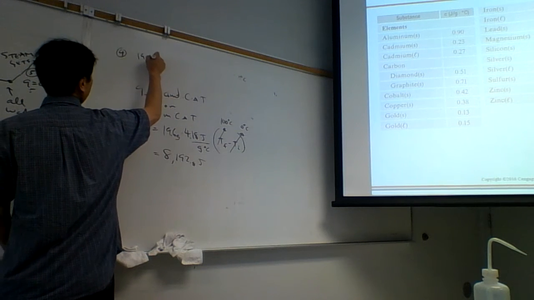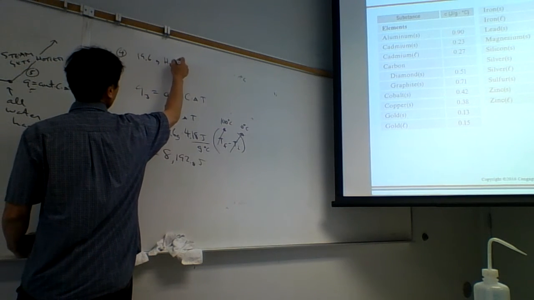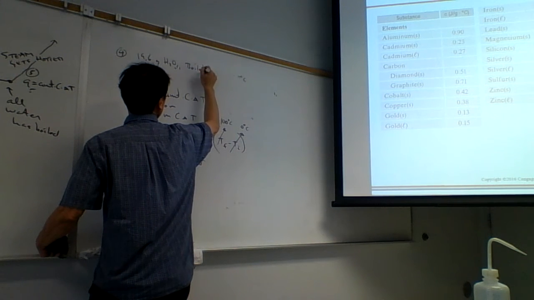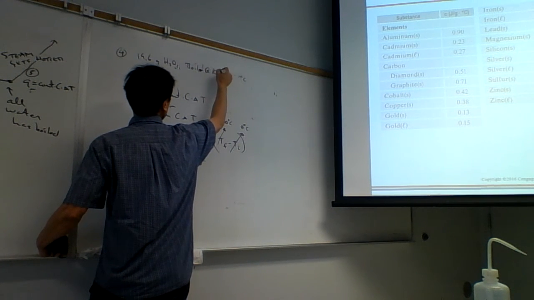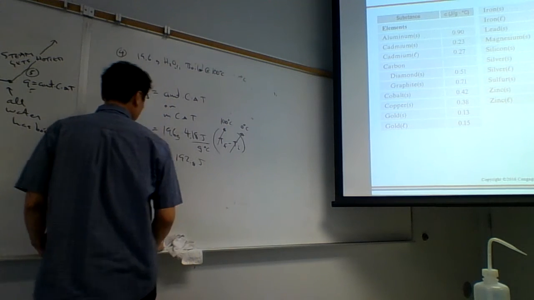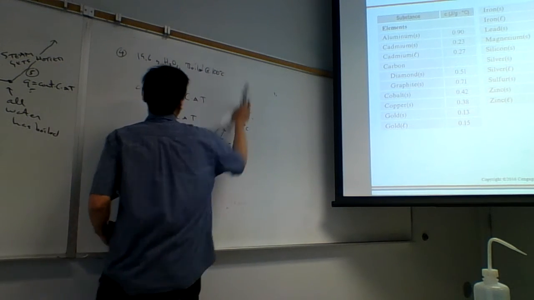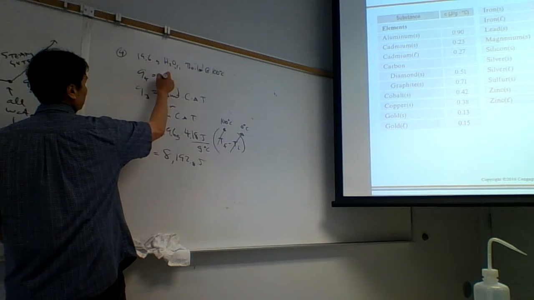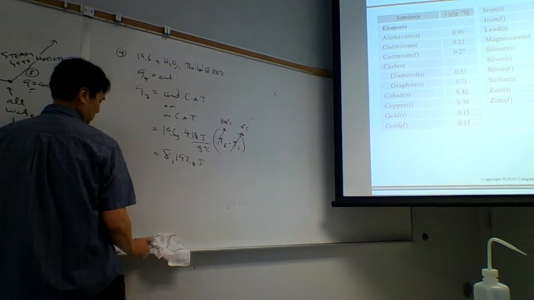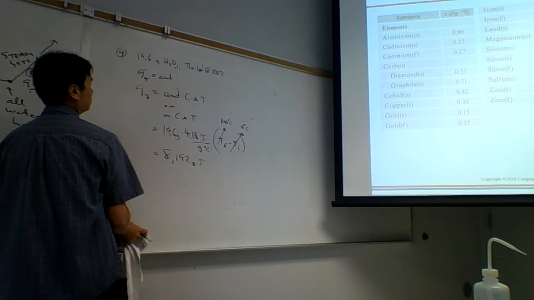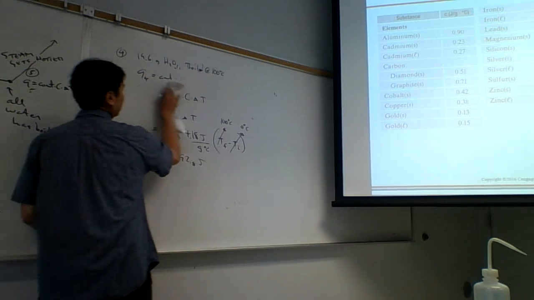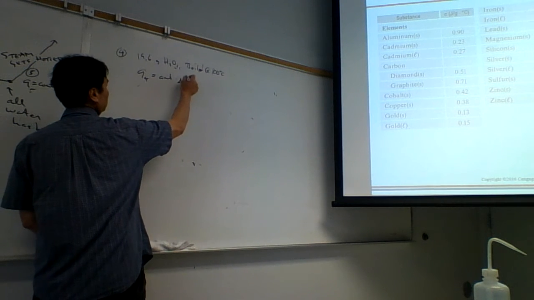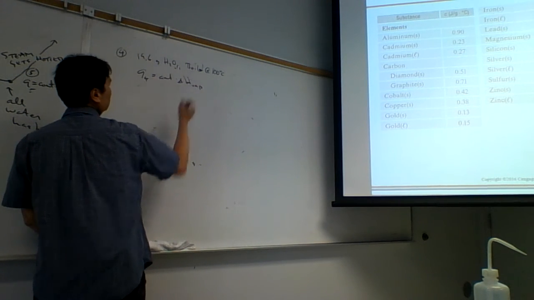Step 4: the 19.6 grams of H2O liquid boils at 100 degrees C. So this is a process. Q4 is equal to the amount times the heat of vaporization, or delta H sub vap.